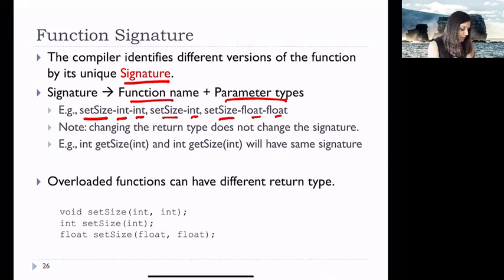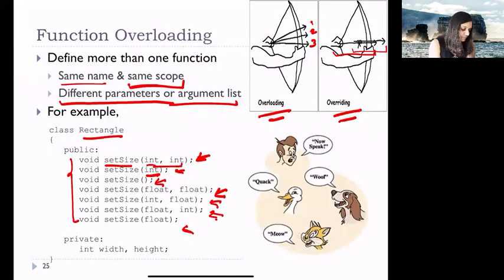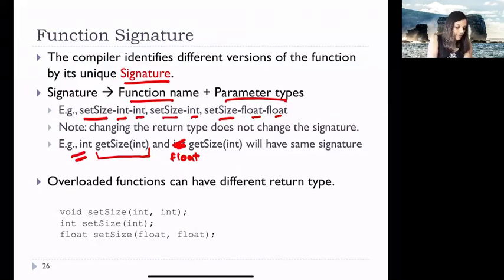For example, if you have a function get size int that is returning int, versus a function get size int that is returning a float, then for both of these functions the signature will remain the same in spite of one returning int and the other returning float, because in the signature we are not storing the return type.